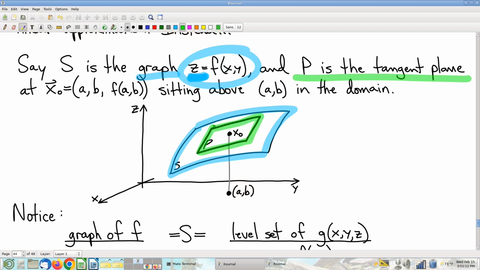And again, sloppiness of language. When I say at this point, the point itself might be up here on the graph, but that's sitting above a point in the domain, a, b, that are the values I'm actually plugging into the function, right? What you plug into f is just x and y. So you could say we're looking at the point (a, b).